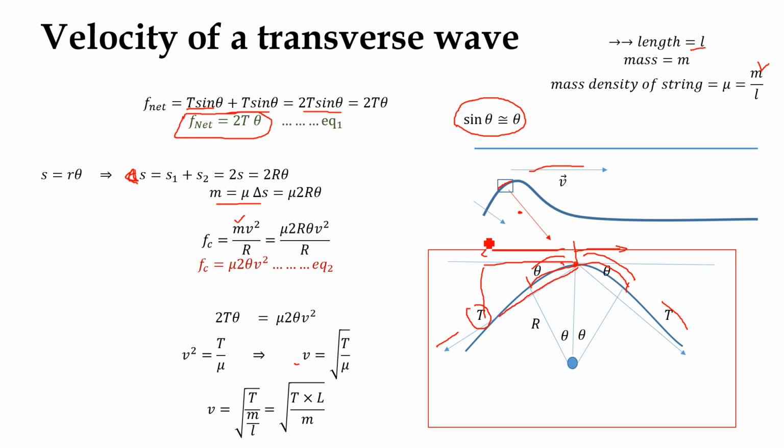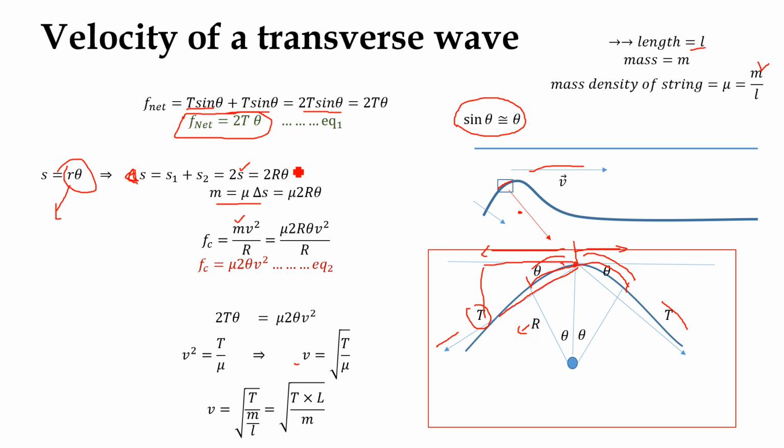Both are equal because these triangles are equal on both sides. So s1 plus s2 is considered as 2s, and s is equal to r times theta. Now the radius in this case is denoted by capital R. So we have del s is equal to 2R theta.